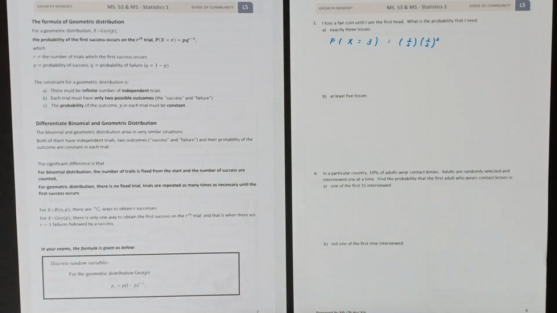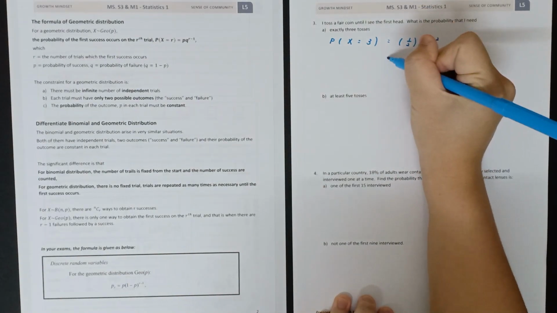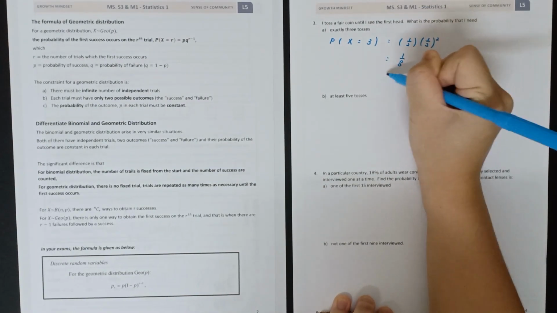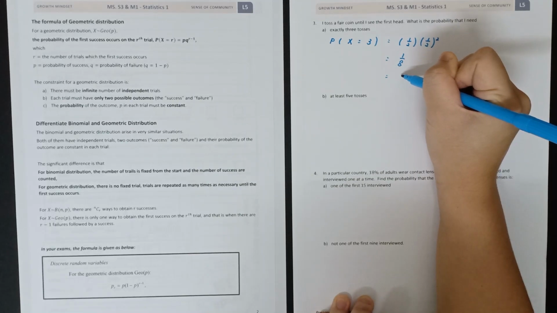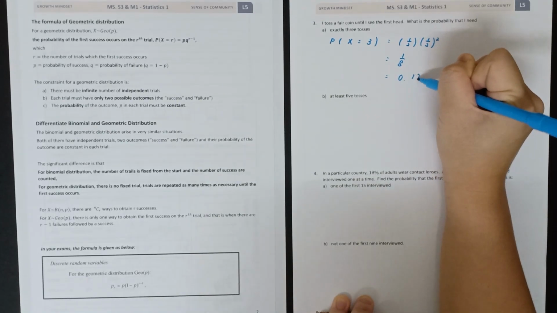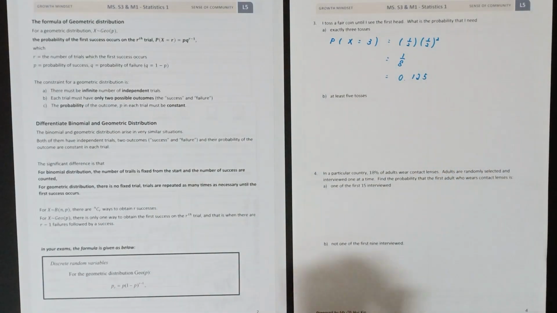I know it means the same, but you need to write it in a way that shows you are using how many times of success times how many times of failure you have. So please do not combine it together. This is how you get 1/8, or in decimal, 0.125.